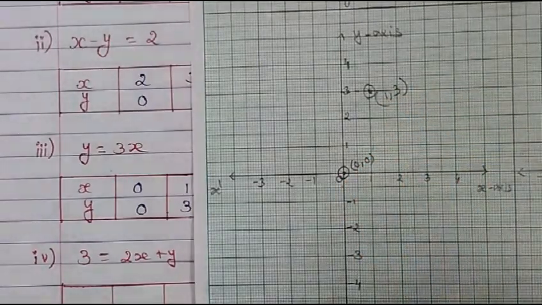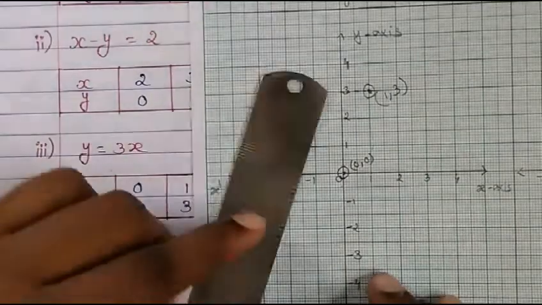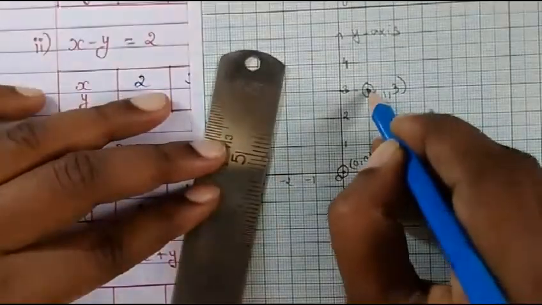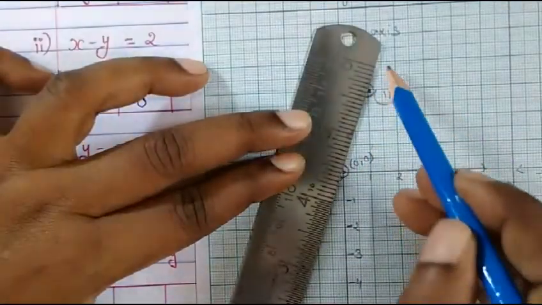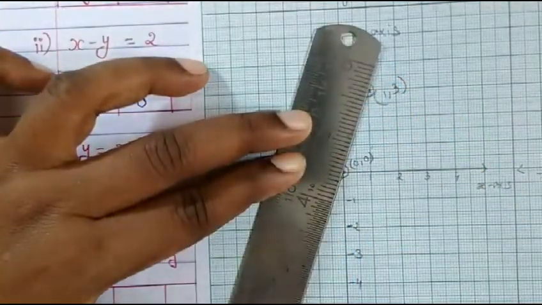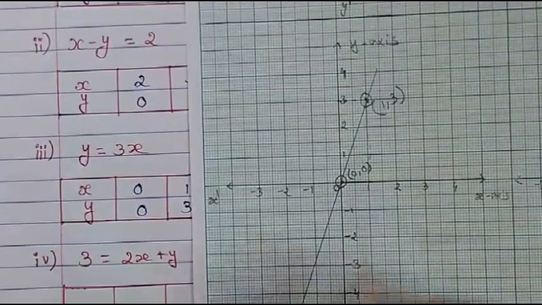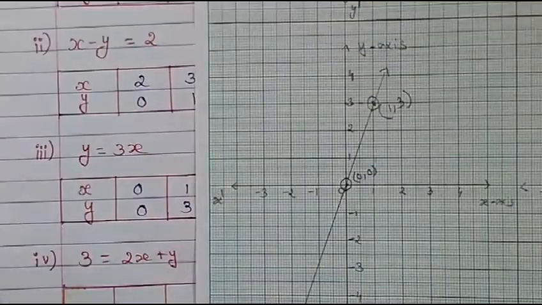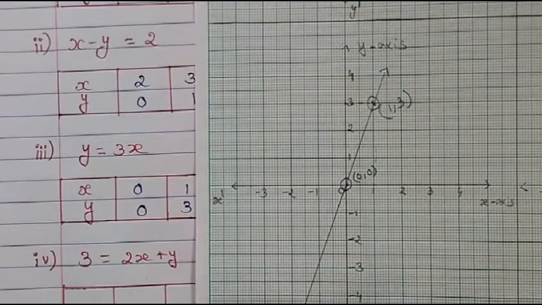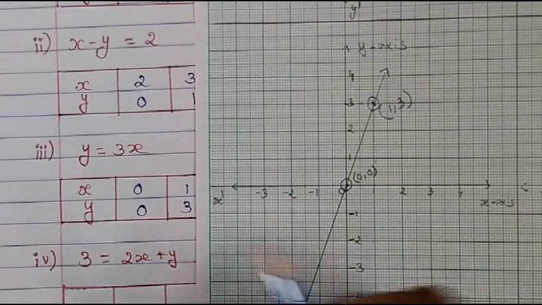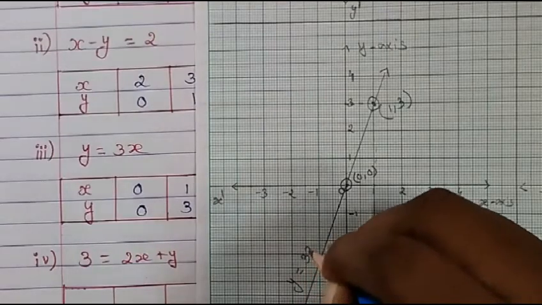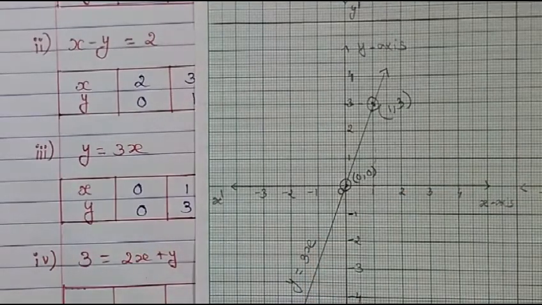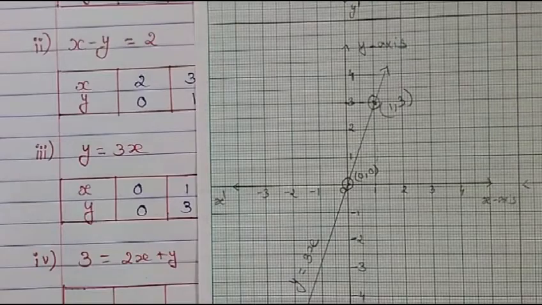Now let's join these 2 points. What is the equation? This is the third one, that is y equal to 3x.